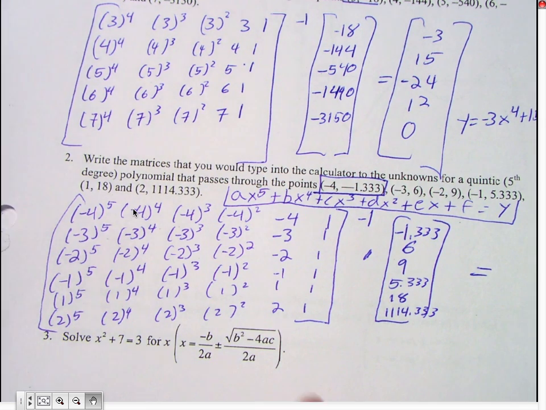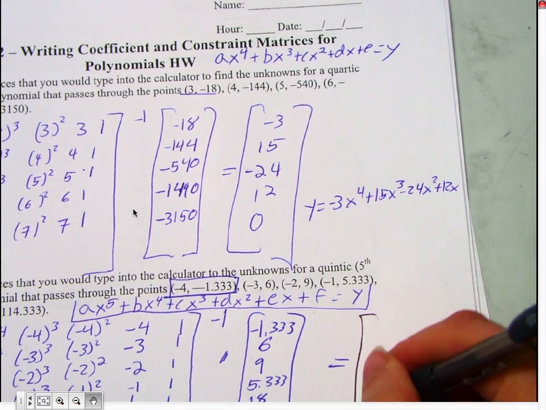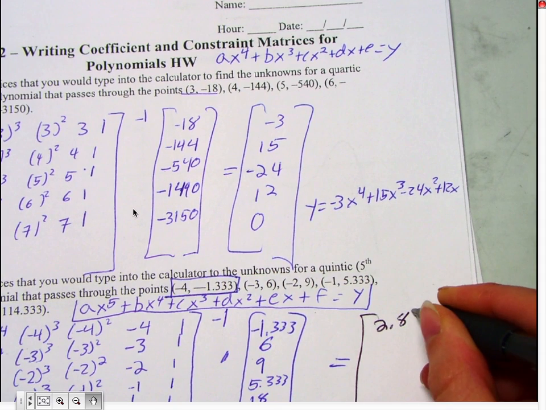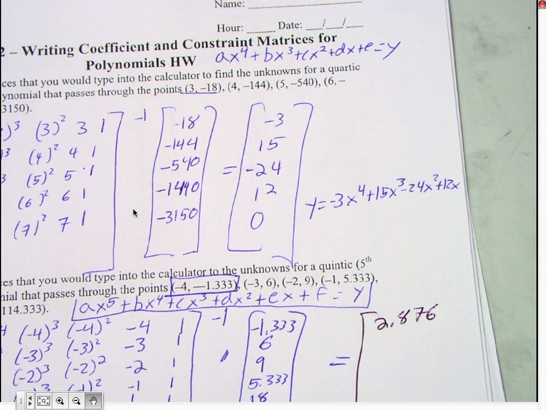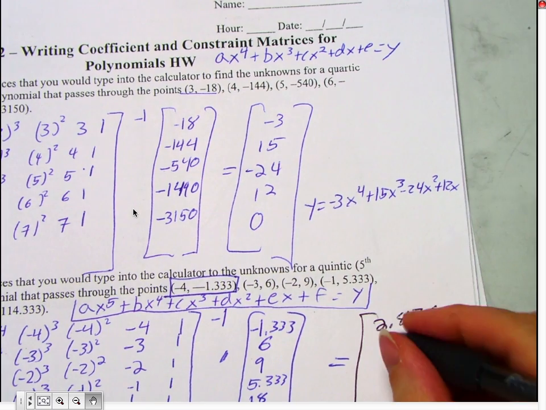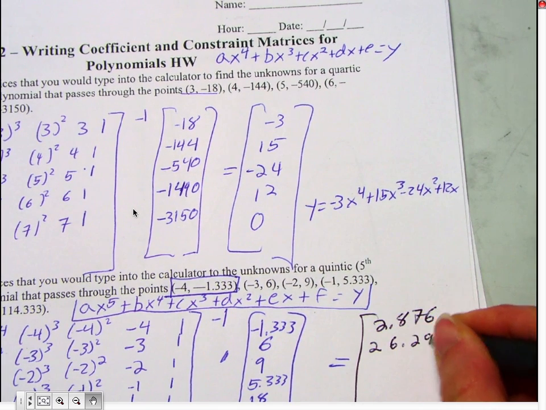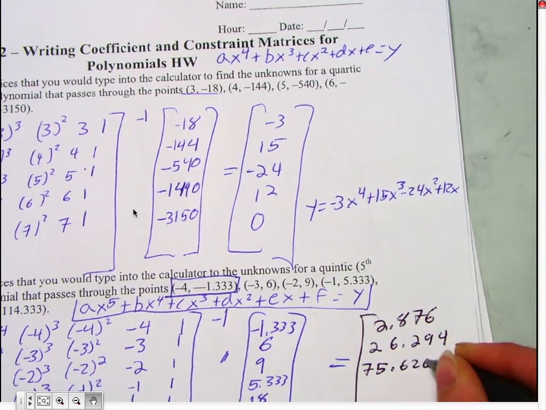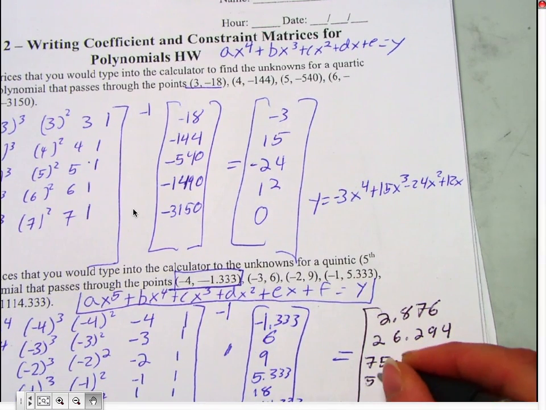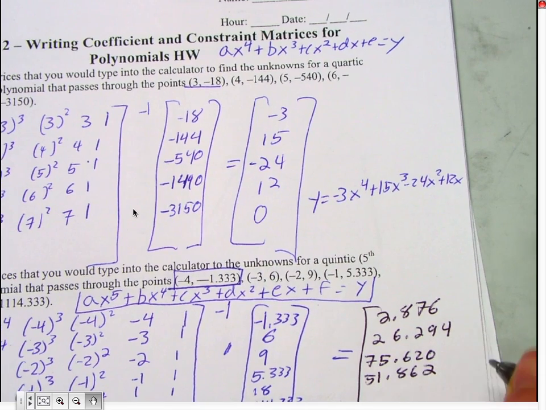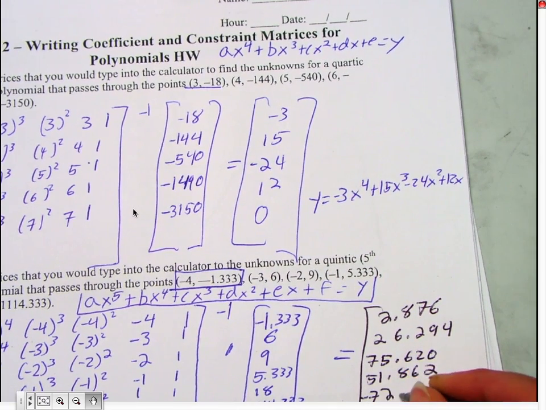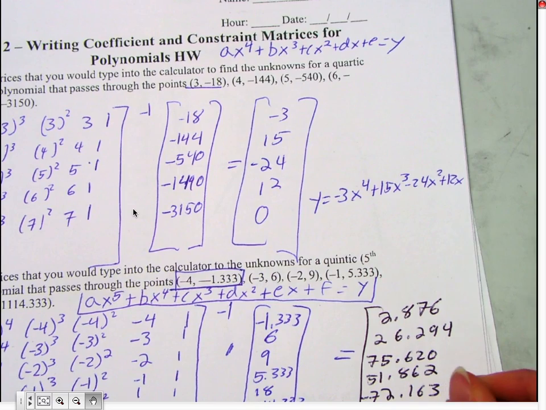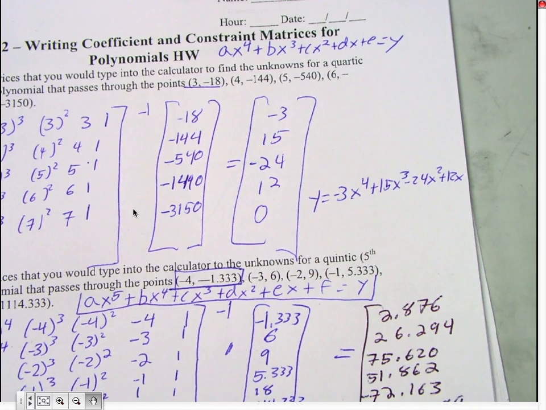I'm going to make my answers to 3 decimal places. 2.876, 26.294, 75.620, 51.862, negative 72.163, negative 66.489.